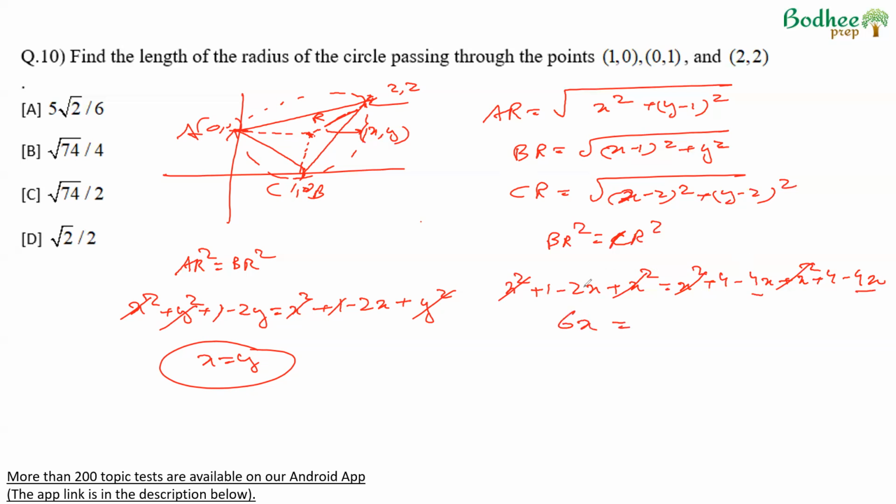On the right hand side we will have 8 minus 8x, and on the left 1 minus 2x. Collecting terms, 6x is equal to 7. So x comes out to 7 by 6.